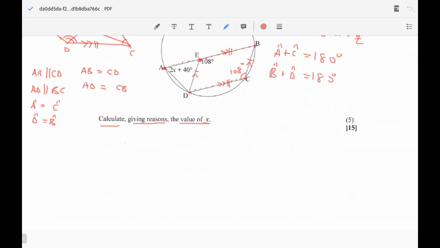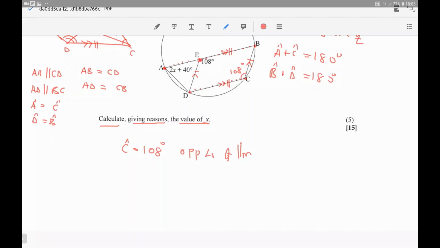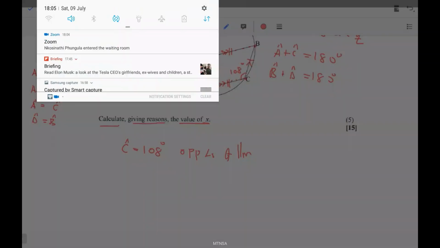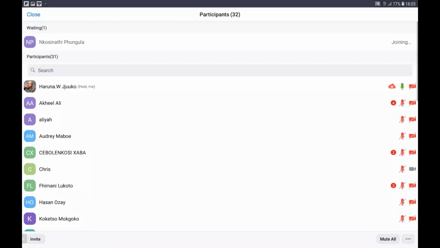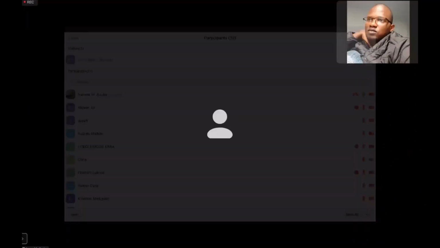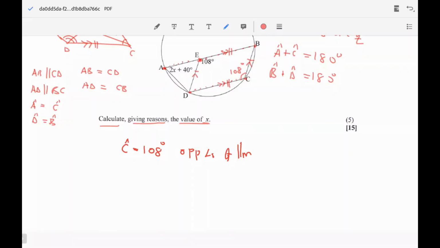So I'll indicate that my angle C is equal to 108 degrees, and the reason is opposite angles of a parallelogram. That's how you write parallelogram in short. So angle C equals 108, and the reason is that opposite angles of a parallelogram are equal. So we've got it.